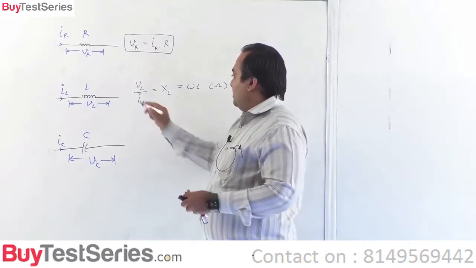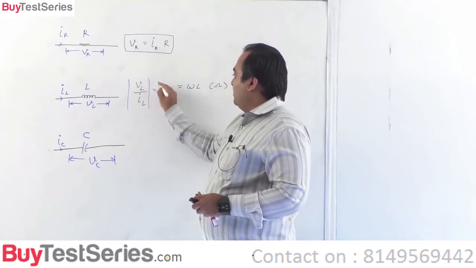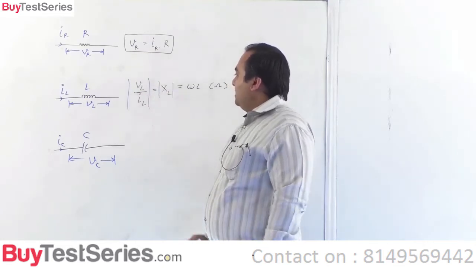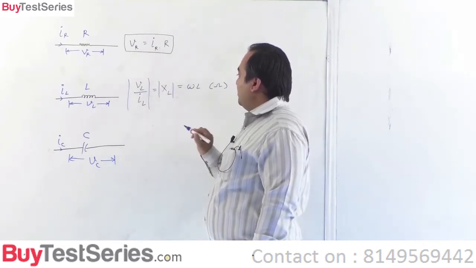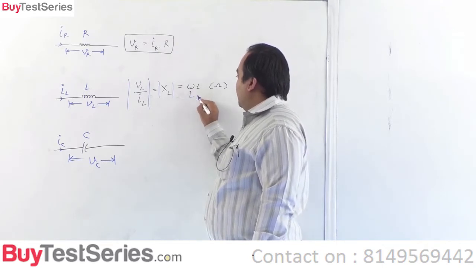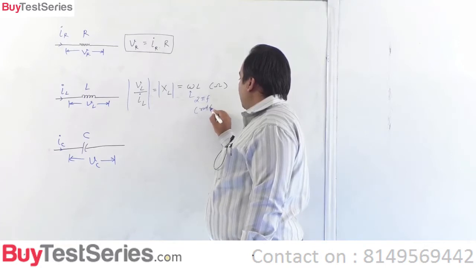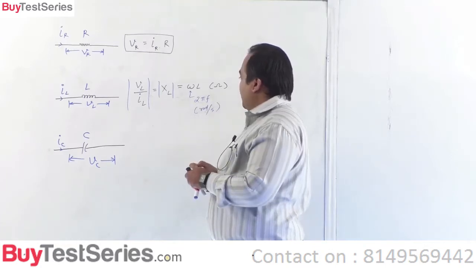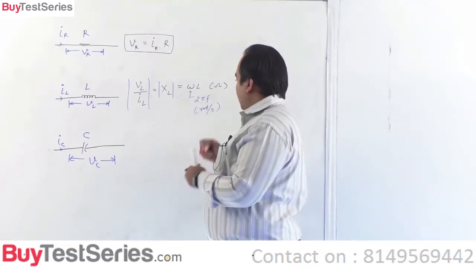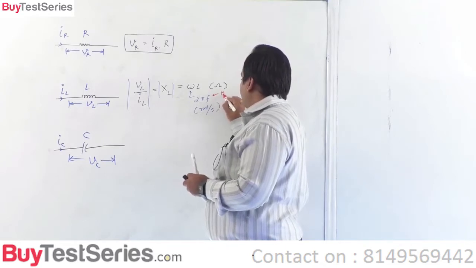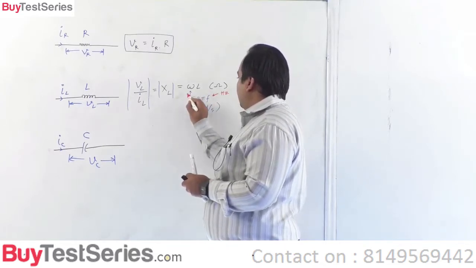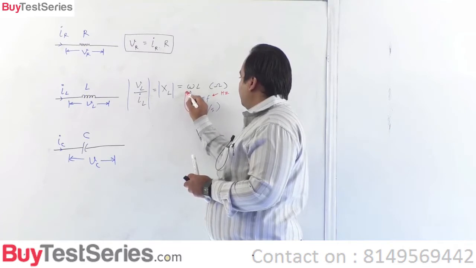So the magnitude of VL by IL is omega L, where this omega is 2 pi f, this much of radians per second, whereas this f is in hertz and this is in radians per second.